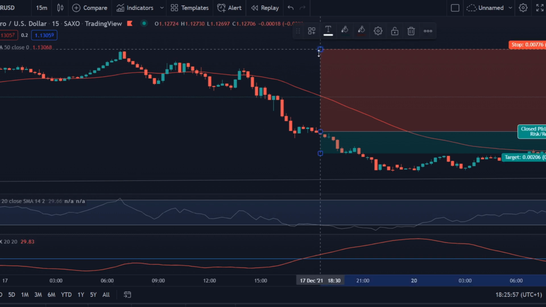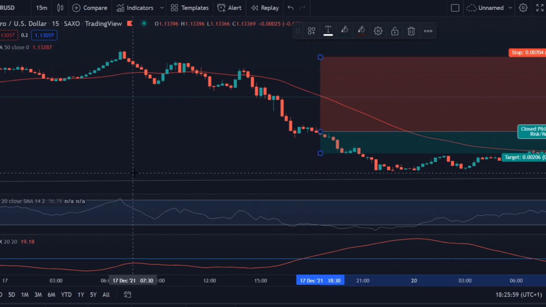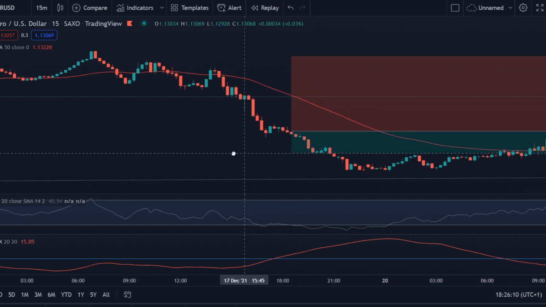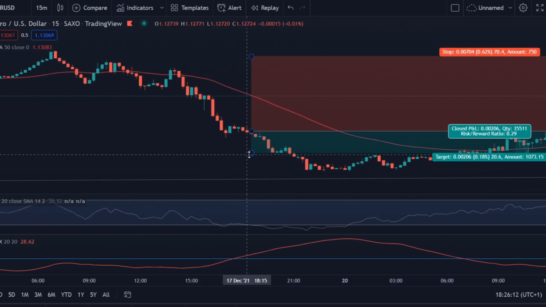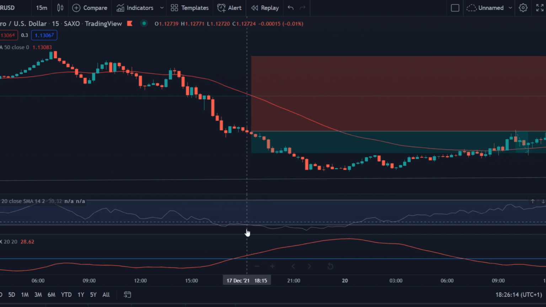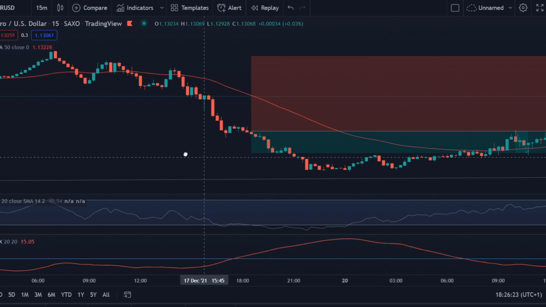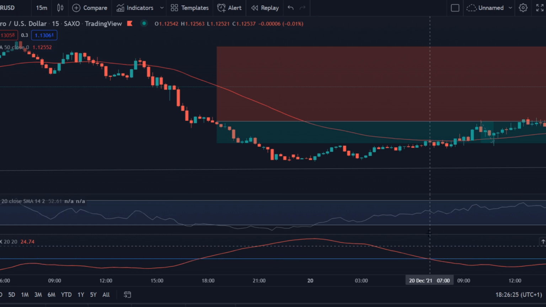Then we place our stop loss about here, around near the latest high when we're talking about price. This is the stop loss. Then we of course need to place our take profit as well. So we close the trade when the ADX crosses below the 25 level, which is about here.